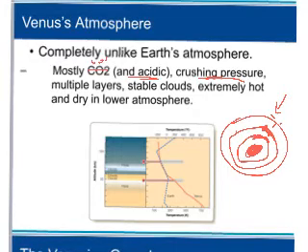Another way to look at it, perhaps a better way, is this picture from your textbook. You see the Earth's atmosphere here, and Venus is off the charts, way over on this side. At an altitude of 50 kilometers, you see a haze, and then you see all these dense clouds in here.